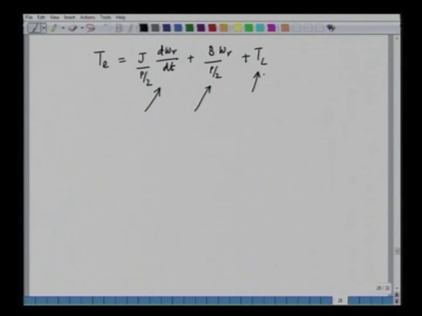Now, if we solve this equation, we will get the expression for the rotor speed, that is omega r, and we can integrate this omega r to get the expression for the theta r. So, this is what we have here. We can have some initial constant, the initial position, so the integration of omega r dt will give us theta r, and the theta r can be used to transform the actual voltages VA, VB, VC into VD and VQ.